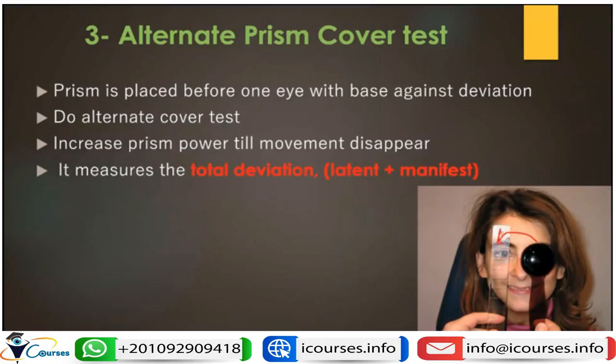By changing the cover between the right eye and the left eye, we are able to calculate the total amount of deviation, both the latent or phoria, and the manifest or tropia. We switch the cover between both eyes, and if there is movement, we increase the power of the trial lens frame until there is no movement at all.